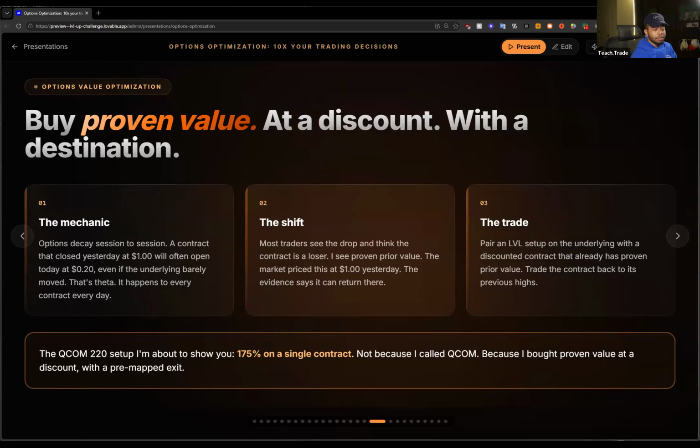But what I see, and what I challenge you guys to all see, is that because that contract was worth $1 yesterday, the market priced it at $1. We can have evidence that the market can be willing to pay that price again.